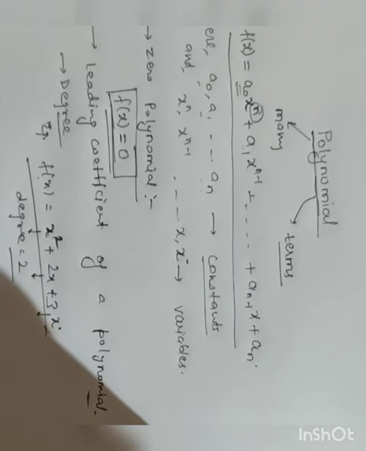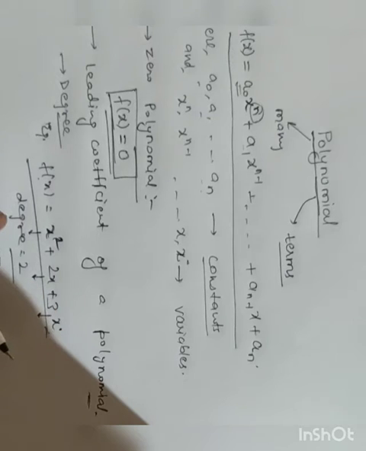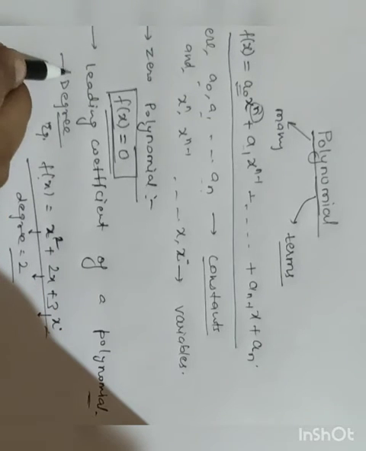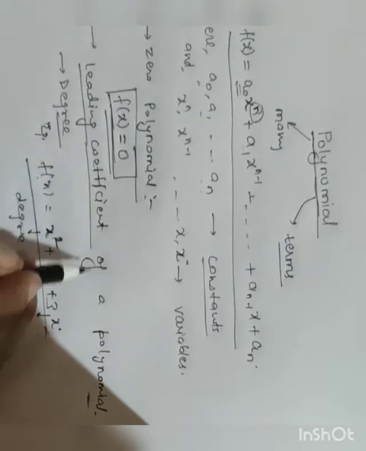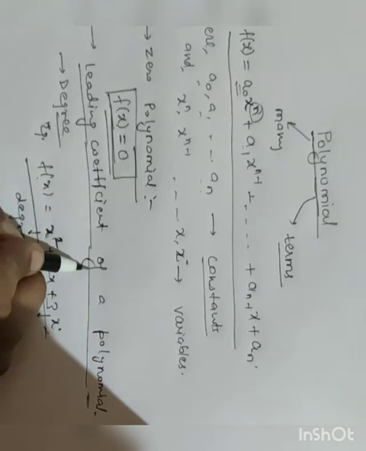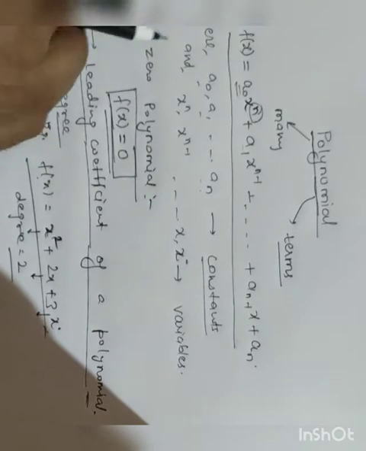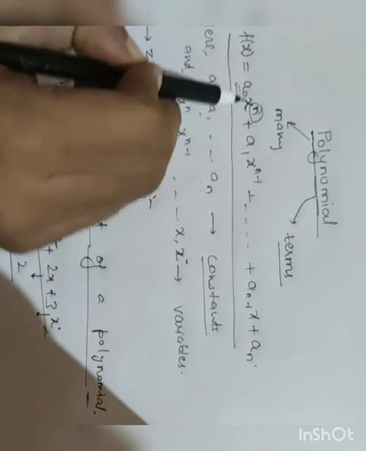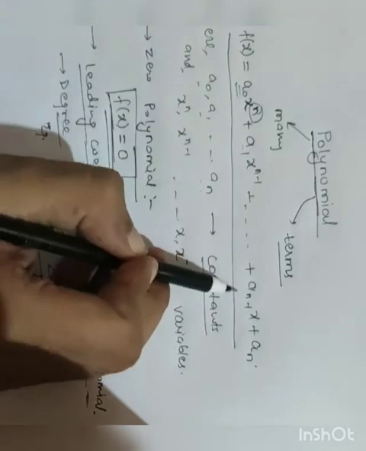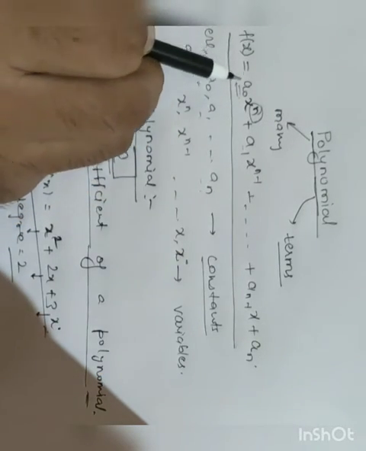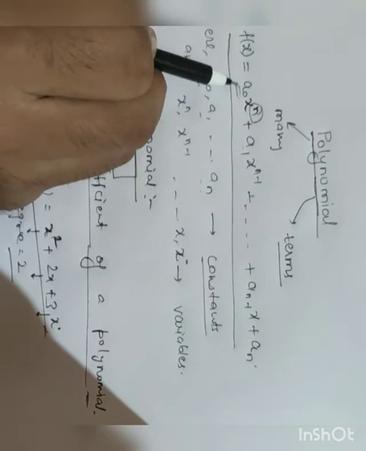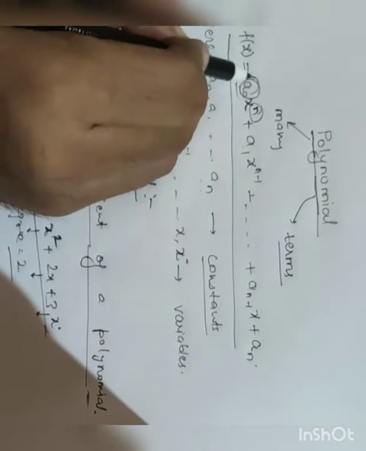Now let's talk about the leading coefficient of the polynomial. The leading coefficient is the coefficient of the highest power of x. Let's say we have the example f(x) equals a0 x to the power n. The leading coefficient of the polynomial will be a0.